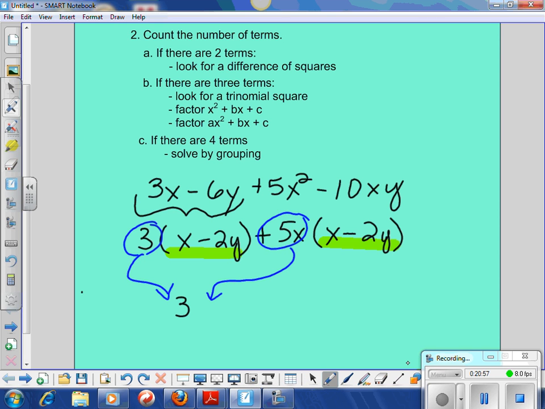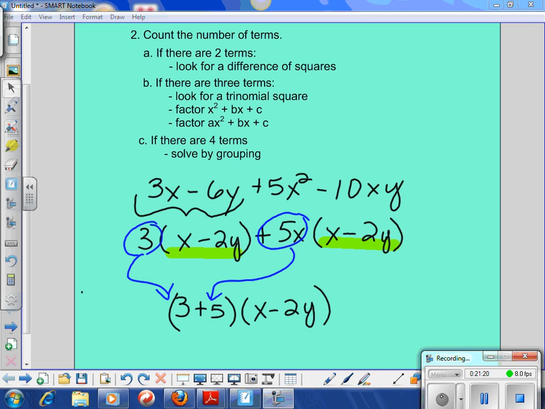So we'll take our 5x, and we're going to make these a set of parentheses all on their own. Since they're each being multiplied by what's in that set of parentheses, we just have to write that down. And if we FOILed it out, we would end up right back at our original equation. That's how you factor by grouping.